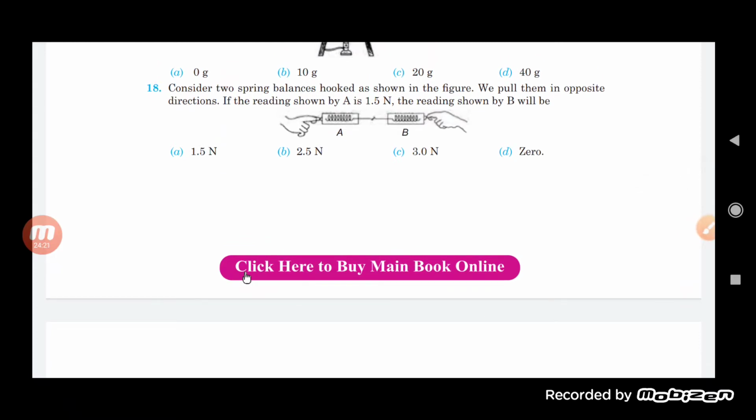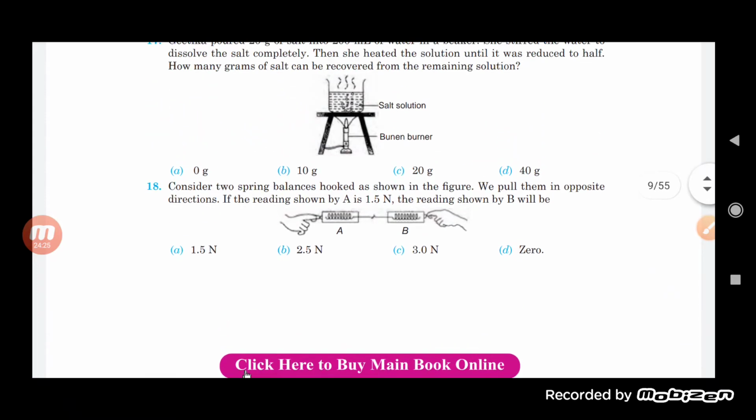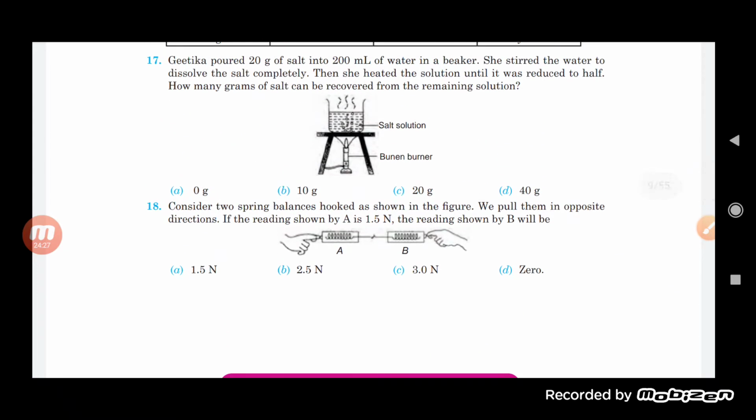Now consider two spring balance hooks as shown in the figure, and we pull them in opposite directions. If the reading shown by A is 1.5 Newton, the reading shown by B will be? Here you know that every action has an equal and opposite reaction.